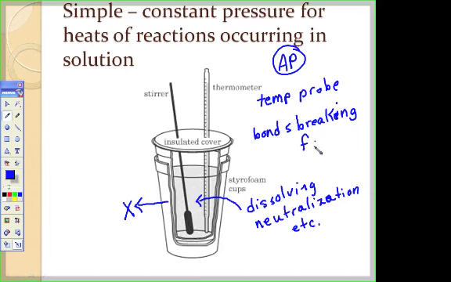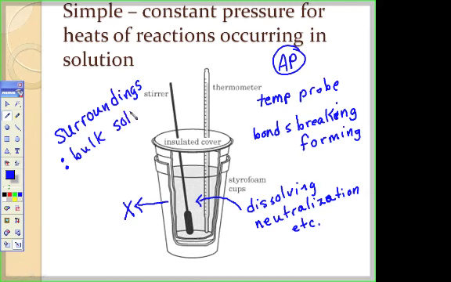So the system is right at that point that bonds are broken or being formed, and the surroundings become two possibilities. We have the bulk solution, and we have the calorimeter itself. Now in AP Chemistry, we're going to include the calorimeter in our conversation. In pre-AP Chemistry, we're going to neglect this component.